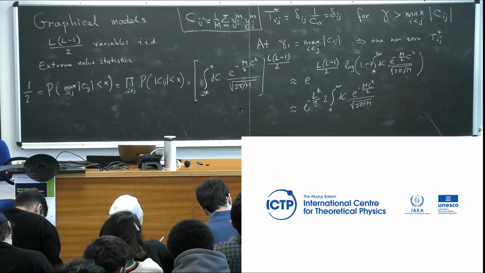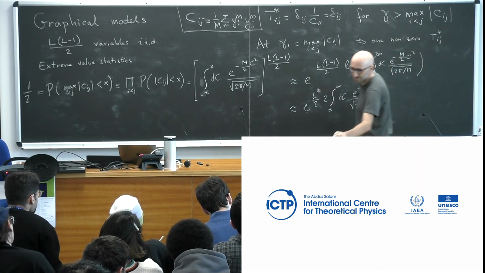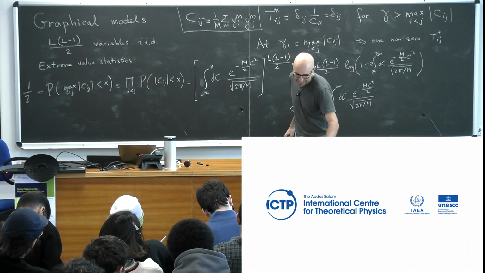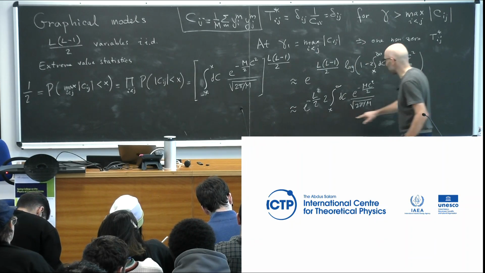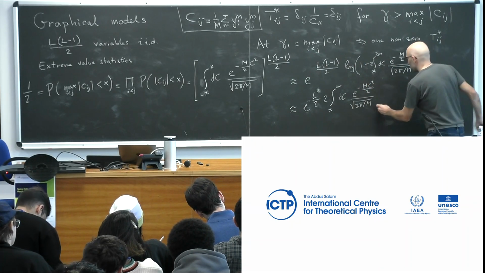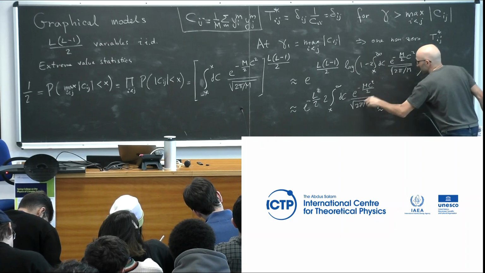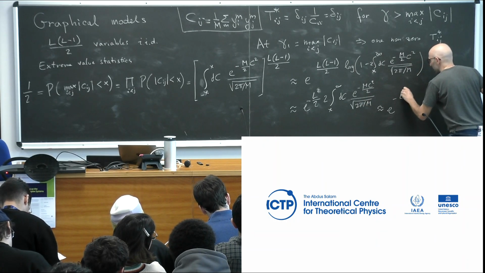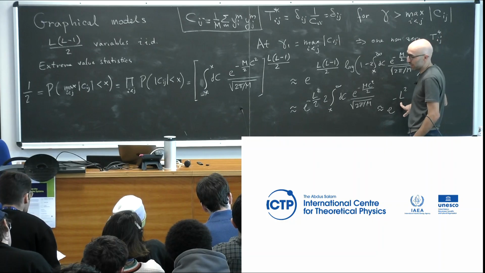And now you have to expand the error function. So this is going to be an error function. You can take the asymptotic behavior of this integral, and you get the exponential of minus L squared.